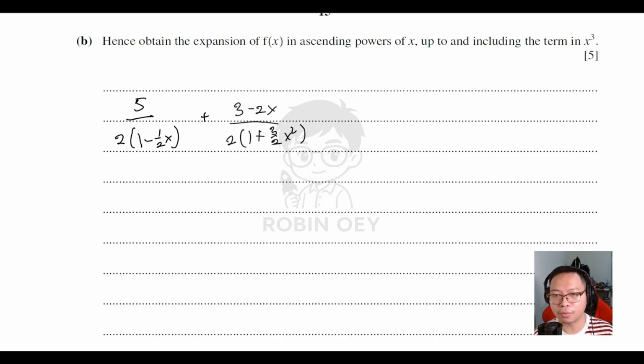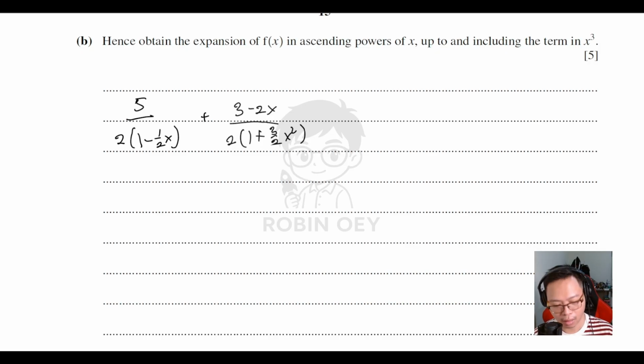Remember, for binomial expansion, the one that is inside the bracket must follow the rule 1 plus the variable. So we cannot have other constants like 2, 3, or 4.